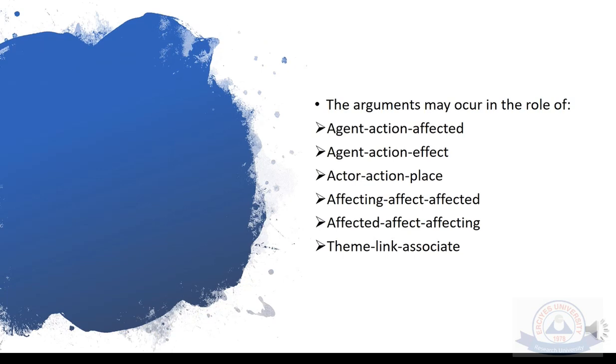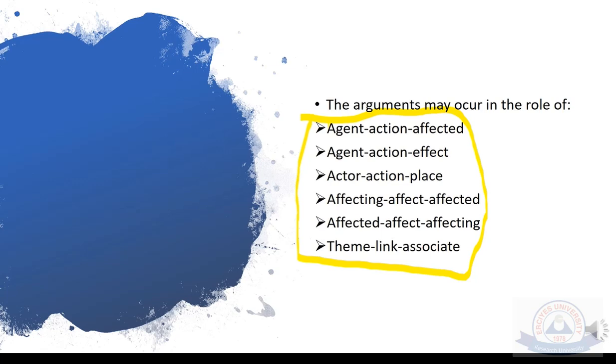The arguments may occur in the role of agent, action, affected; agent, action, effect; actor, action, place; affecting, effect, affected; affected, effect, affecting; team, link, associate. So now we can see a few examples for each of them actually.